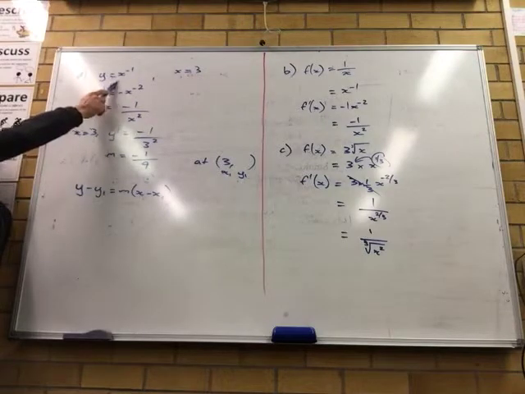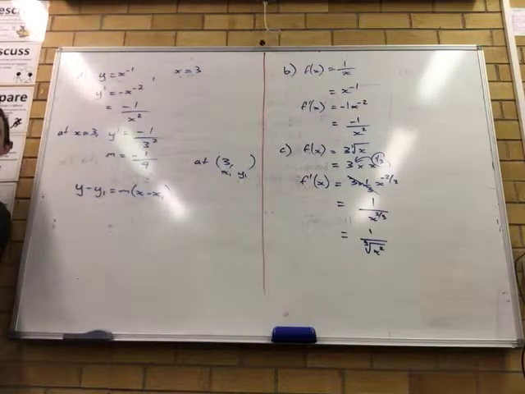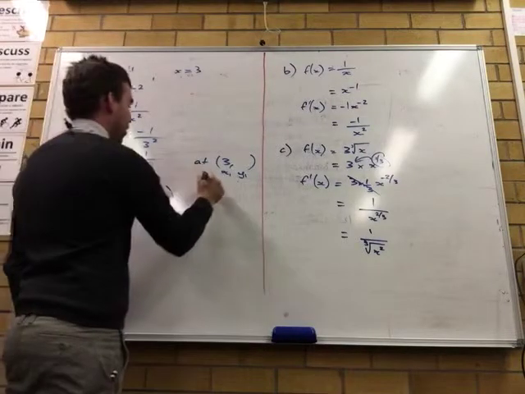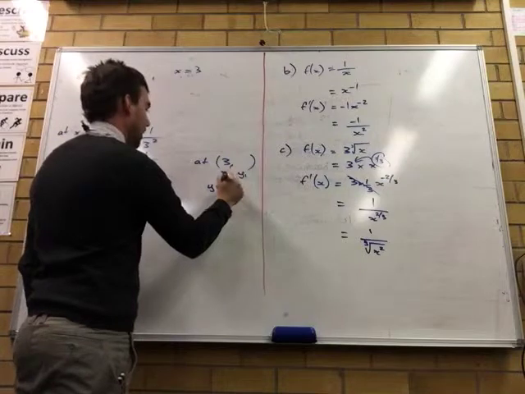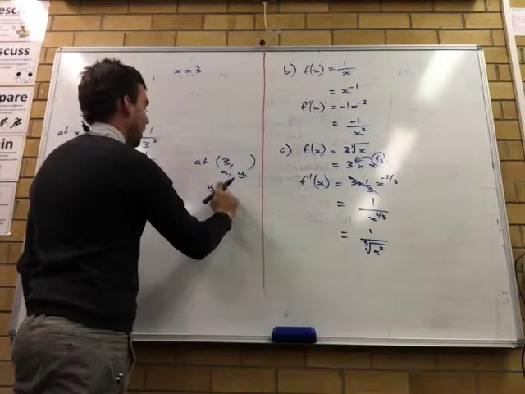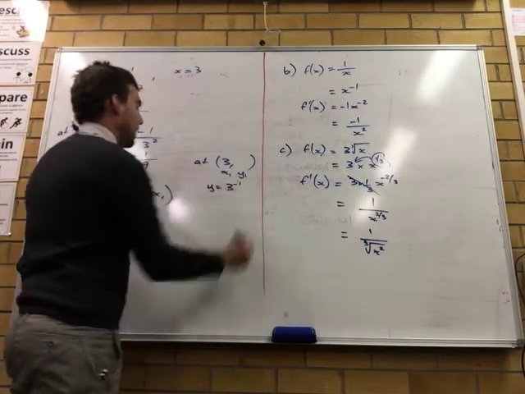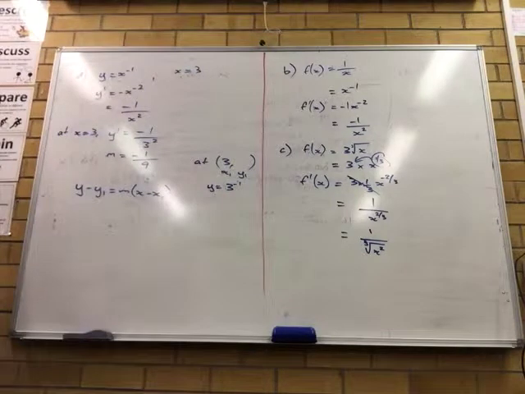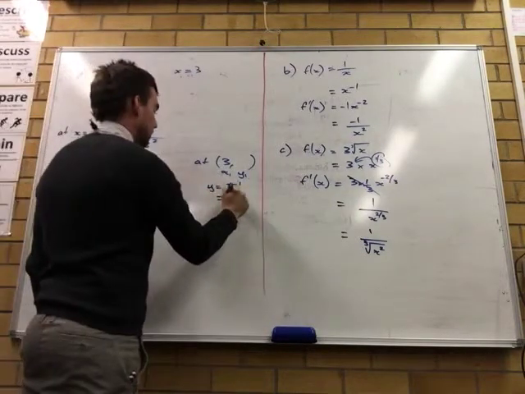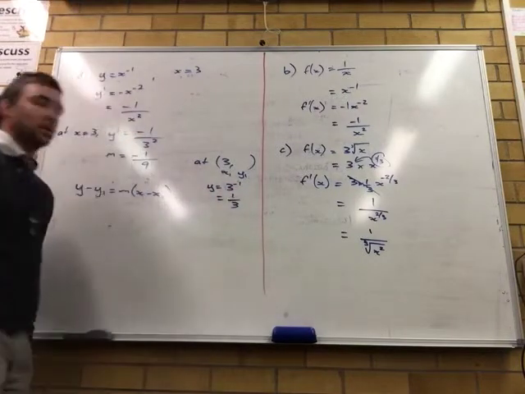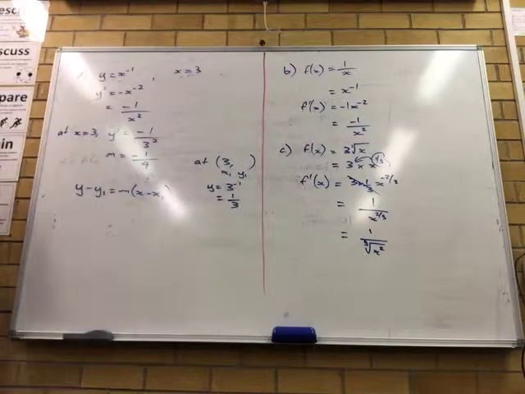You have an equation relating x and y. Okay, so when x equals 3, y is 3 to the power of negative 1, and using index laws becomes a third.